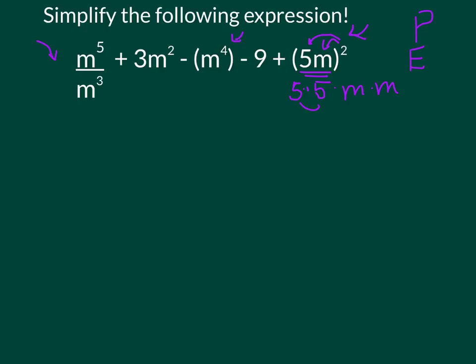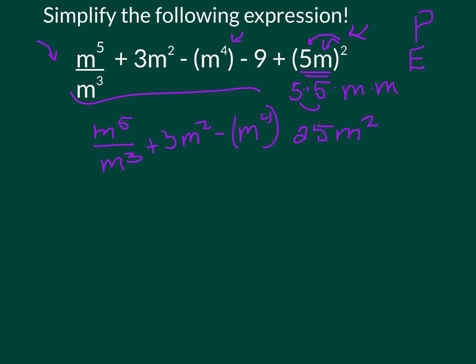Well, what does that mean? 5 times 5, of course, is 25. And m times m is m squared. And then I bring down the rest of this problem. So I've got m to the 5th divided by m to the 3rd plus 3m squared minus the quantity of m to the 4th power.